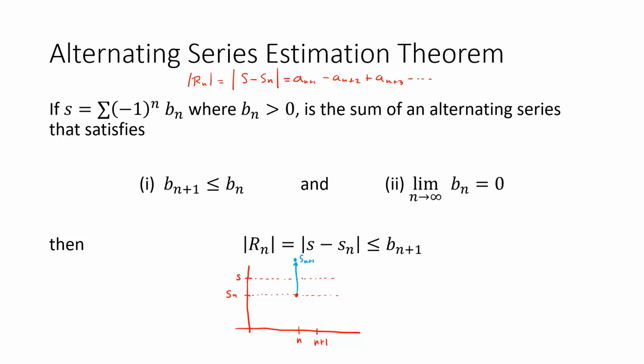And so we can see that would have to go past S, and then we know that the sequence of partial sums will kind of narrow down towards S.